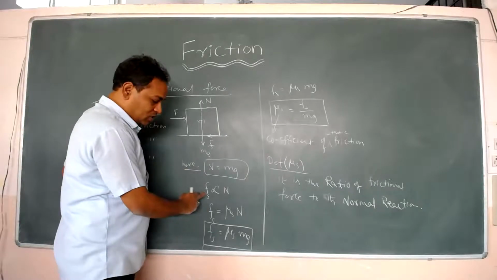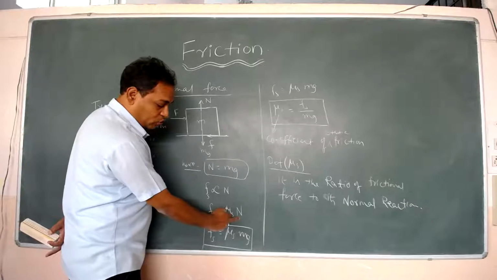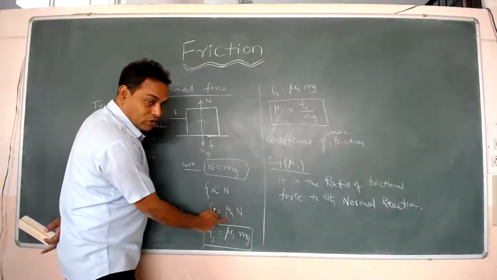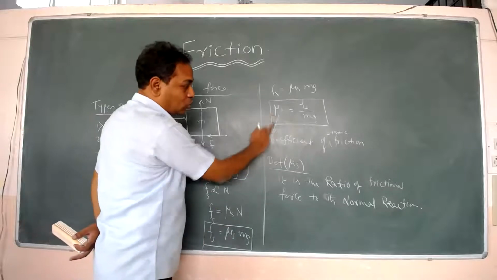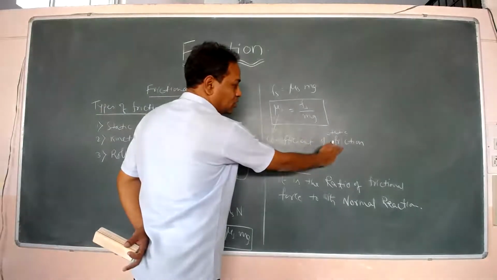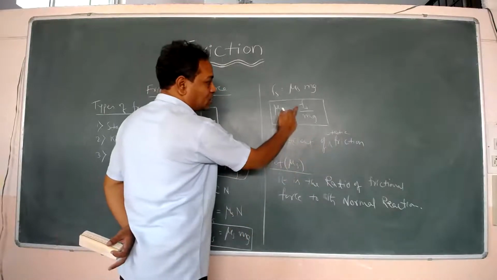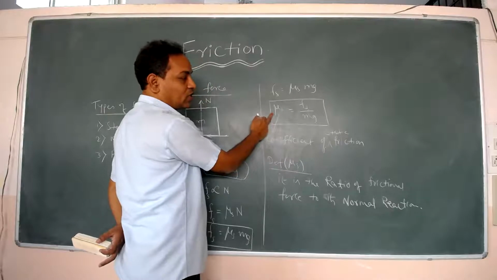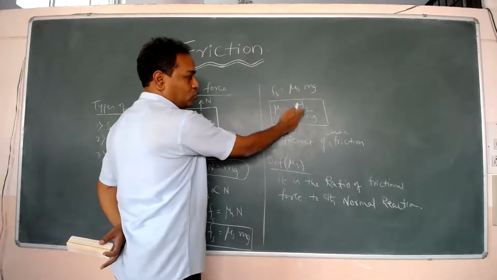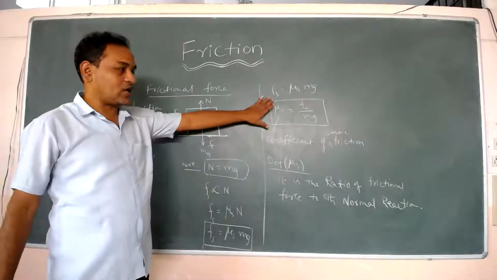That means friction is directly proportional to N. Therefore F is equal to mu s into N. Here mu s is a constant, called the coefficient of static friction. It can be defined as the ratio of frictional force to that of the normal reaction. So this is how we can describe static friction.